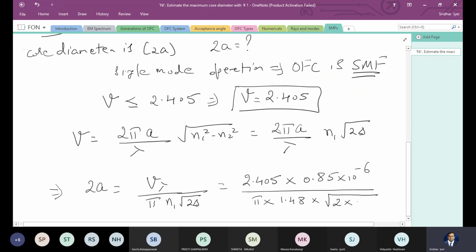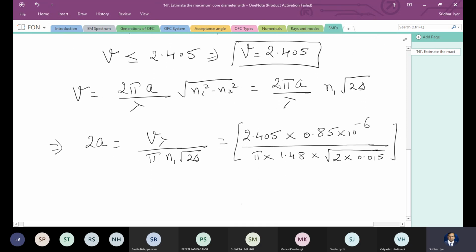We have 2 into 1.5%, which is 0.015. So if we evaluate this factor here, we'll get the core diameter, which is 2a. So let me evaluate that.